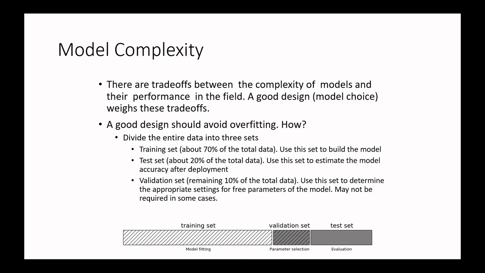What about the validation set? It turns out that many of the algorithms one uses for building models have a number of parameters involved, and the performance of the resulting model is a function of those parameters also.